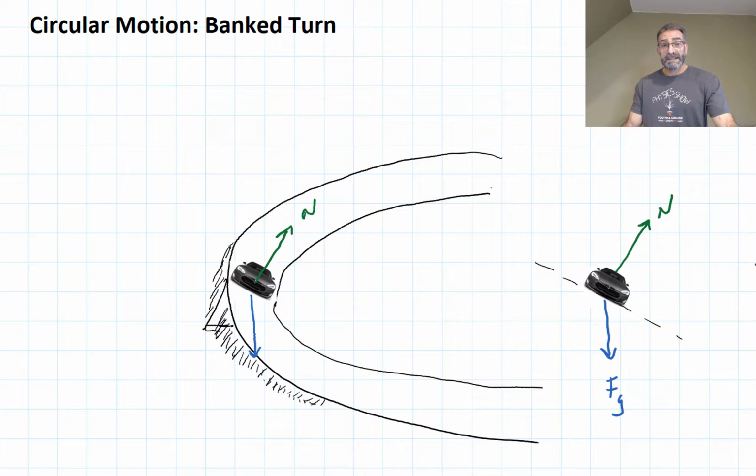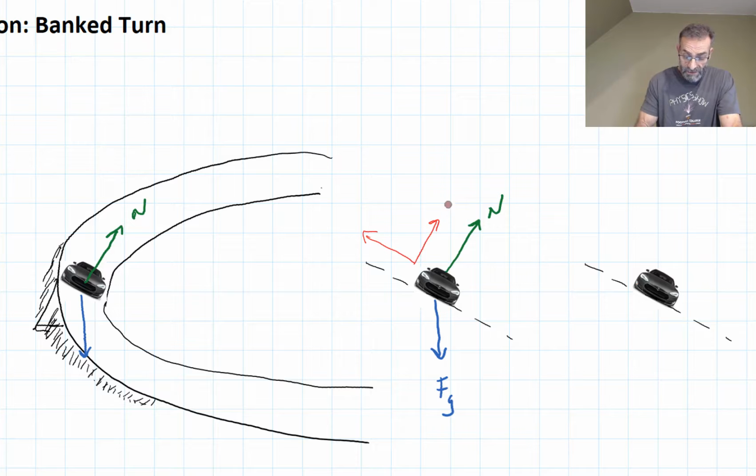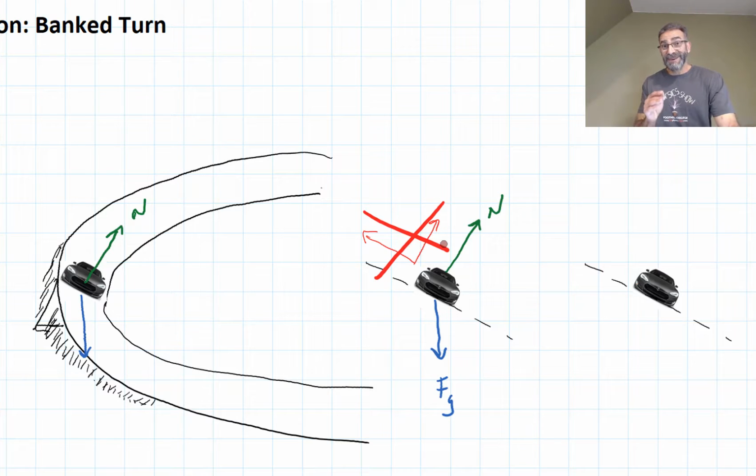Well, we always want to pick the direction of the acceleration. I know when we deal with inclined planes, you're used to always putting the coordinate system aligned with the inclined plane and perpendicular to the inclined plane. But that's not what we're going to do in this case, because we want to pick the direction of the acceleration for our coordinate system.